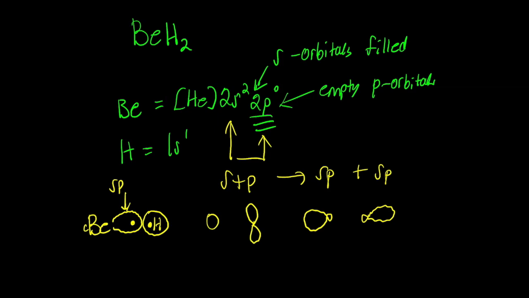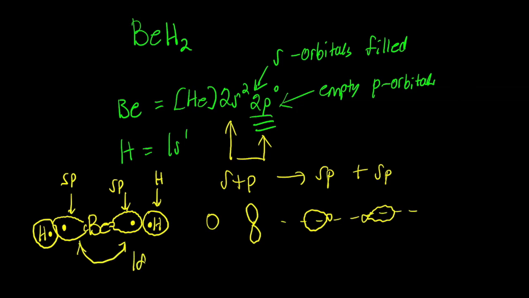And then beryllium also has an sp hybrid orbital going to the left. That's just a hydrogen atomic orbital, and there's one dot there, right? And then hydrogen is right here, okay, with one dot. And mathematically, it just works out so great that these are aligned 180 degrees with respect to each other.